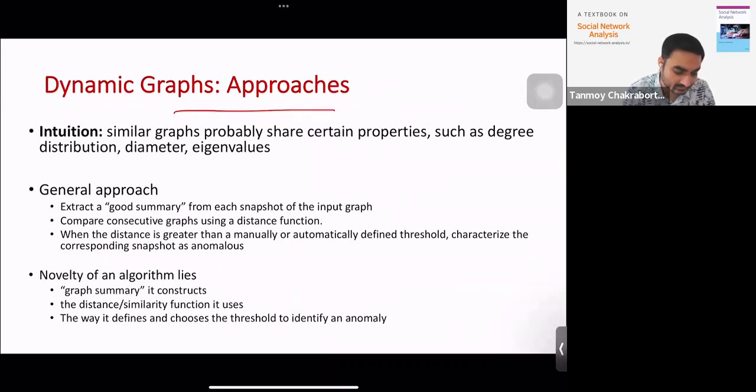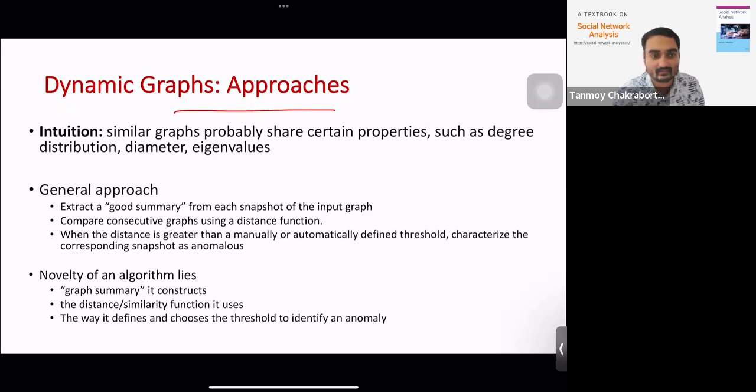So what's the intuition? The intuition is that similar graphs probably share certain properties such as degree distribution, diameter, eigenvectors, eigenvalues, etc. So if you look at the snapshots of a graph at time t and time t+1, two consecutive timestamps, and you see that some of these important properties, like degree distribution, diameter, principal eigenvector, change drastically, you can say that there is some abnormality.